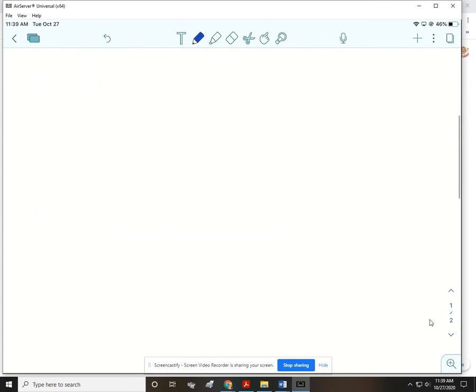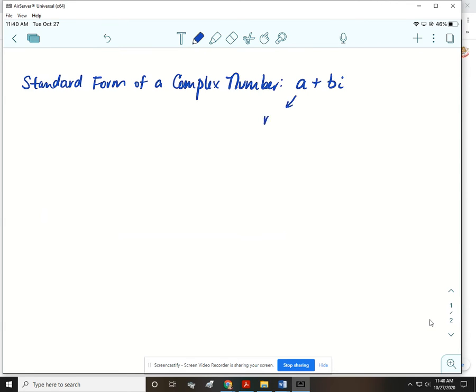All right, so we need to know the standard form of a complex number. So the standard form of a complex number is the form a plus bi, where a is called the real part and bi is called the imaginary part.